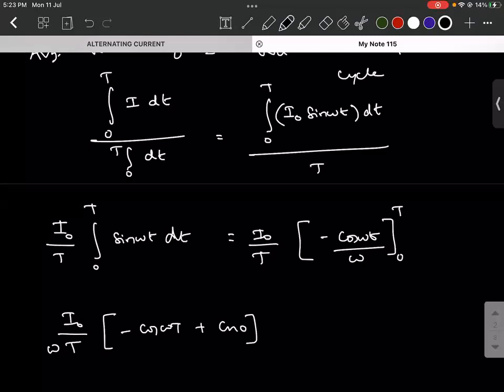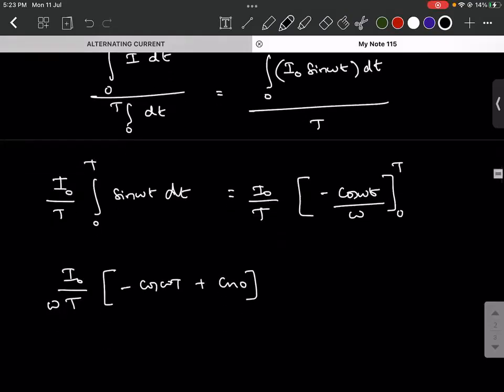Done? So is there any doubt till this step? Sir, how did the denominator come, like minus cos omega t by omega? The integral of sin x dx is minus cos x.